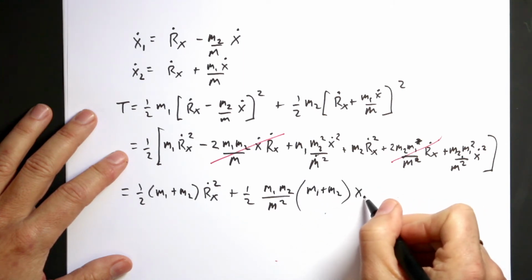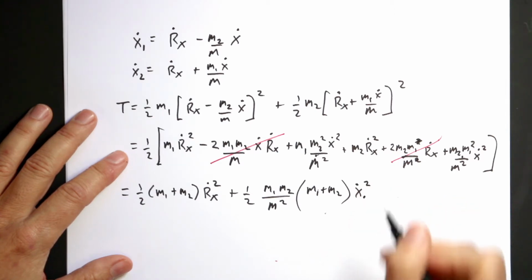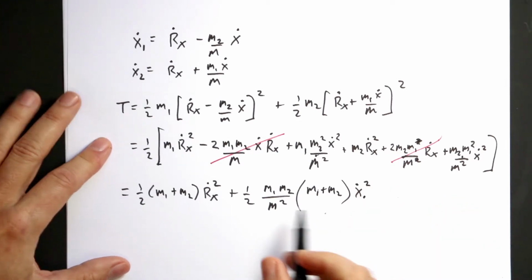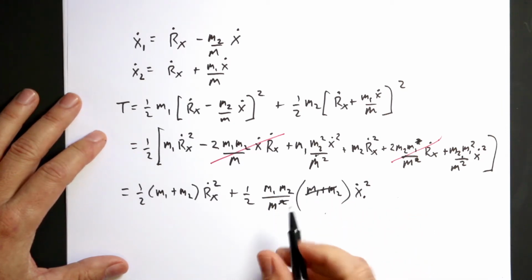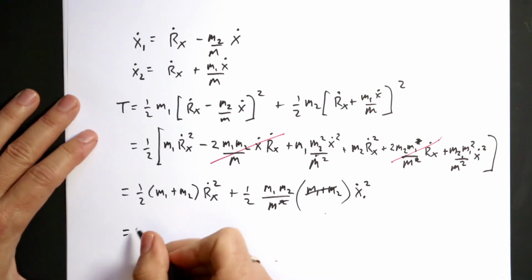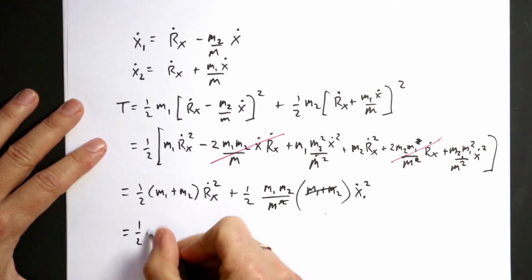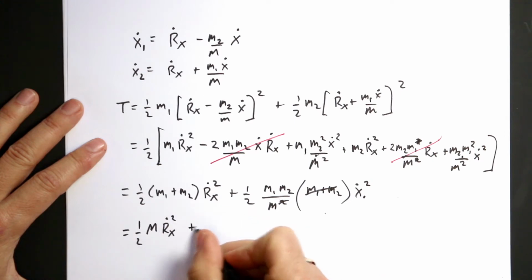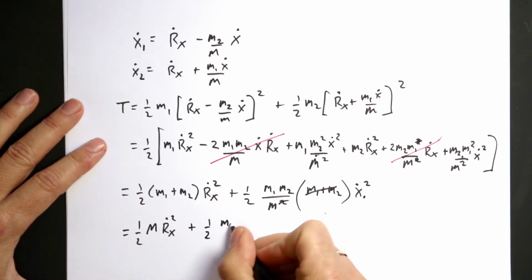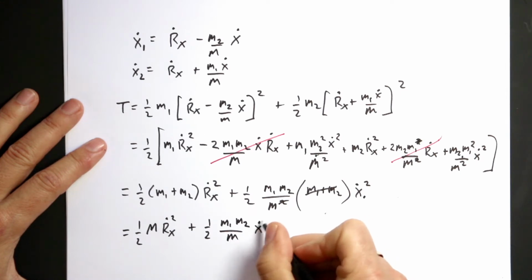Not just dot up here, that's just a typo. Yeah, that's it. So then m1 plus m2 is m, so this cancels with that. So I have 1/2 m R_x dot squared plus 1/2 m1 m2 over m x dot squared.